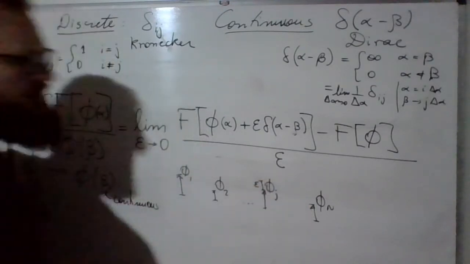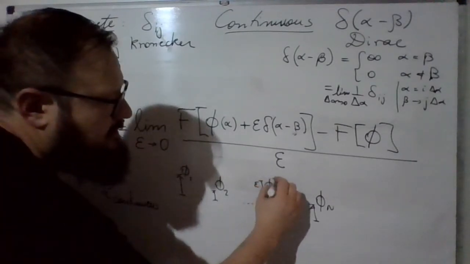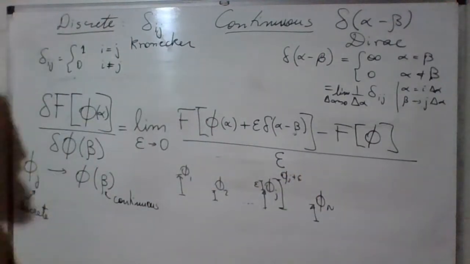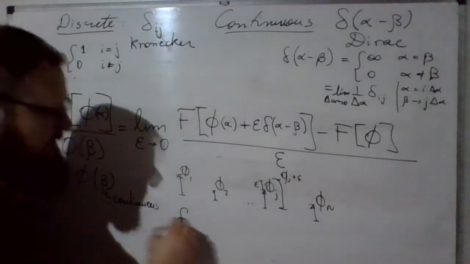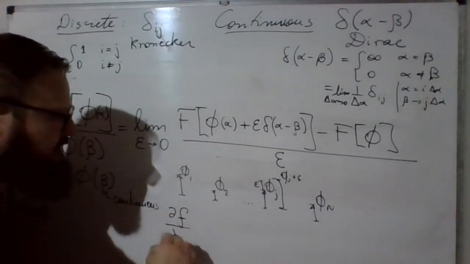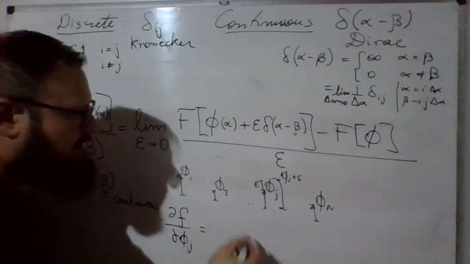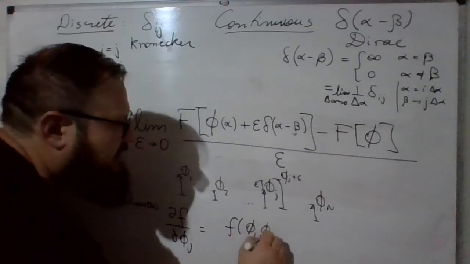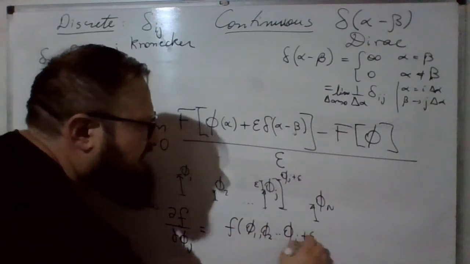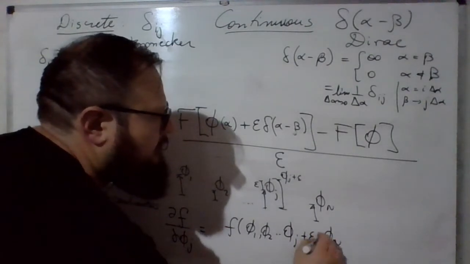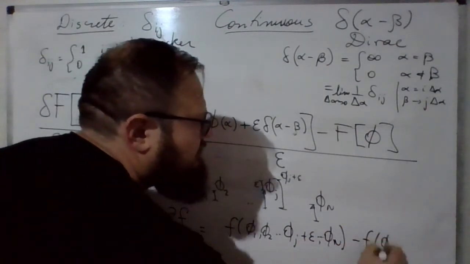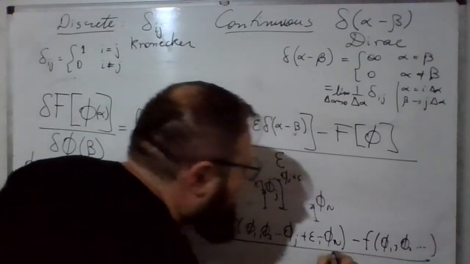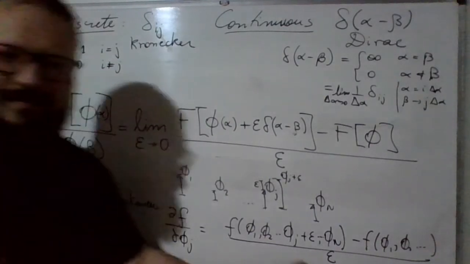This epsilon produces here some phi j plus epsilon. And for the partial derivative, I need to calculate the function evaluated at phi 1, phi 2, phi j plus epsilon, minus the original set phi 1, phi 2, and so on, divided by this amount epsilon.